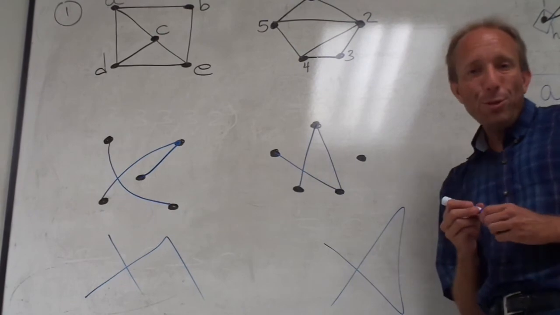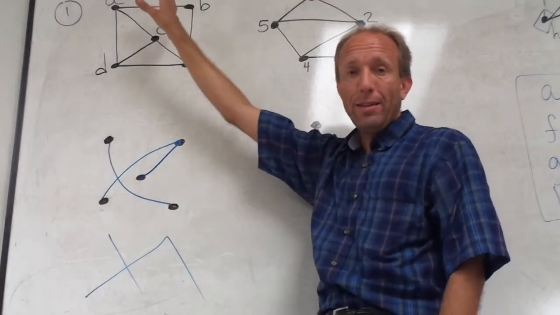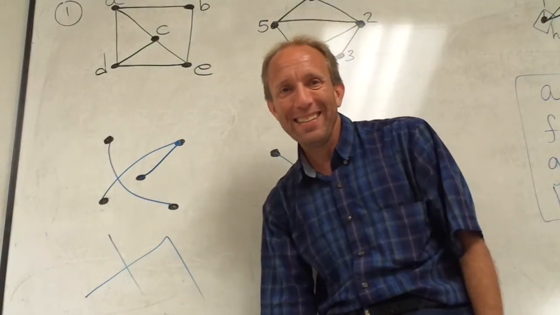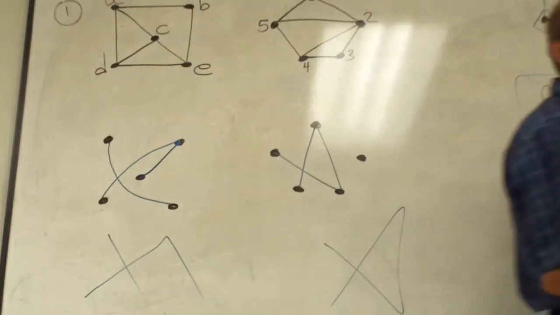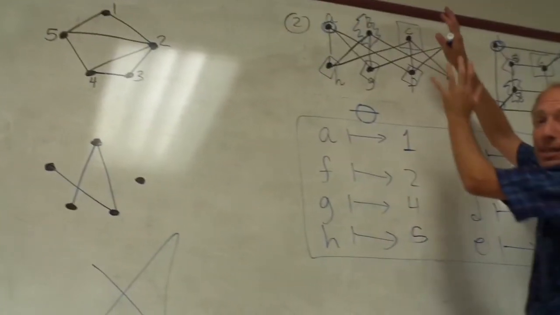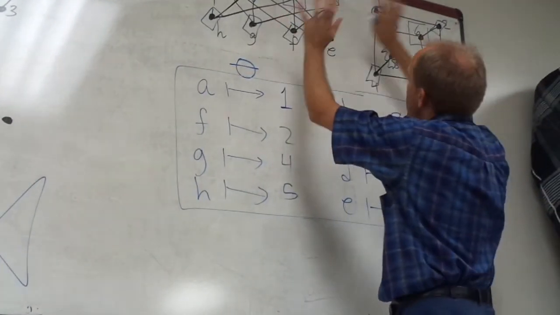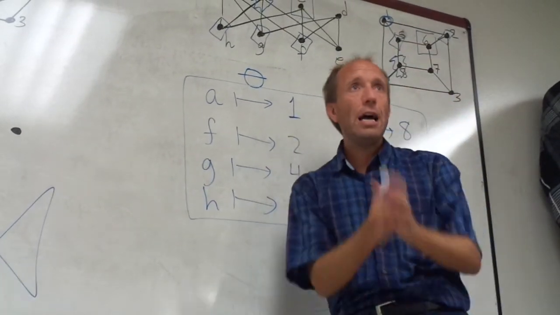The reason you would use that trick is that if there are so many edges up here that you have a hard time analyzing it, you can say, well, let's look at the non-edges instead. That trick doesn't help us so much over here, because the edges of these graphs are already pretty messy. If you replace the edges with non-edges in this picture, you're going to have even more edges.